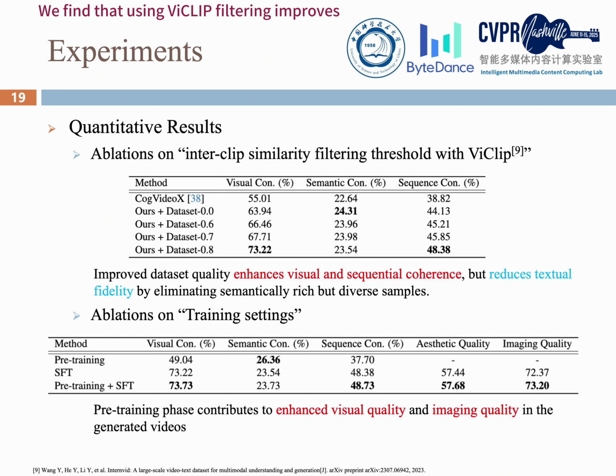We find that using ViCLIP filtering improves overall visual and sequential consistency, as we move from threshold 0.0 to 0.8, with the best performance at 0.8. This suggests that removing semantic outliers helps produce smoother and more coherent multi-scene sequences. However, it may reduce textual fidelity, since some diverse samples are discarded.